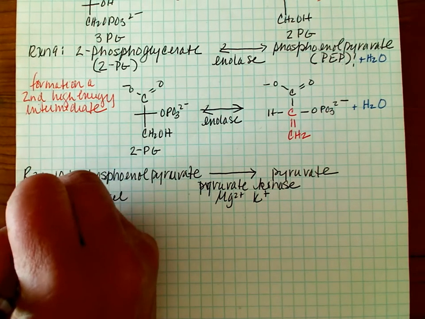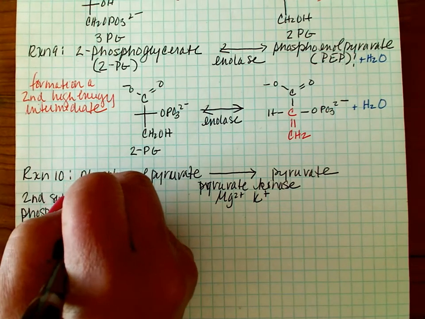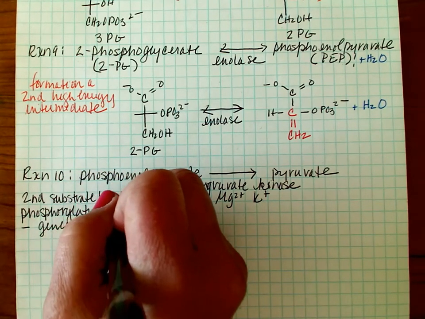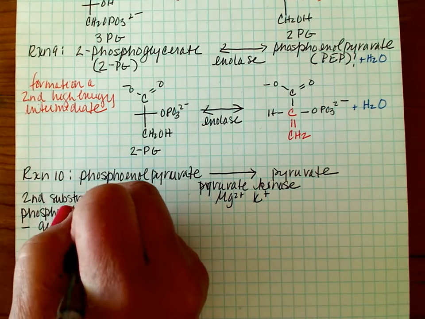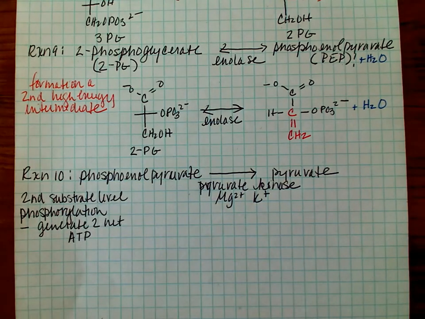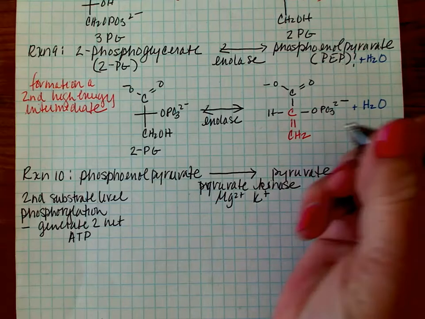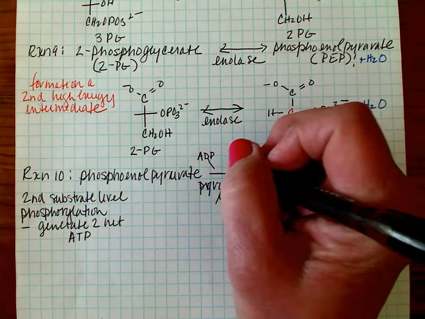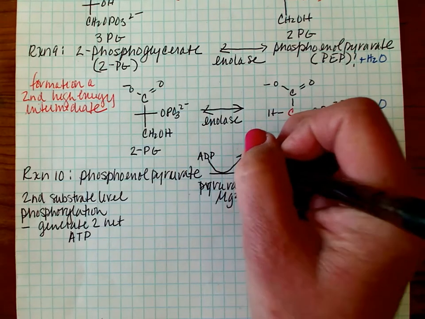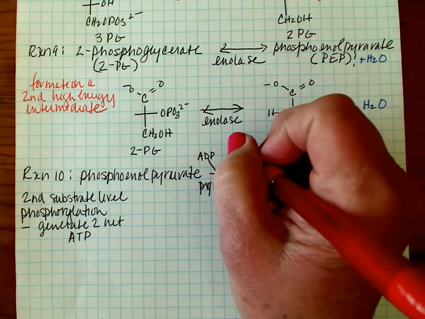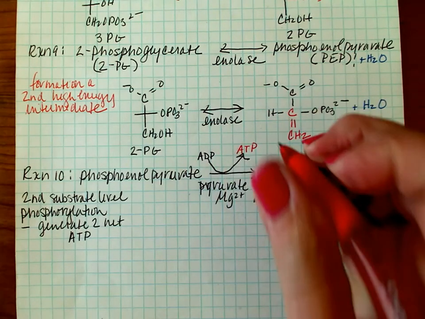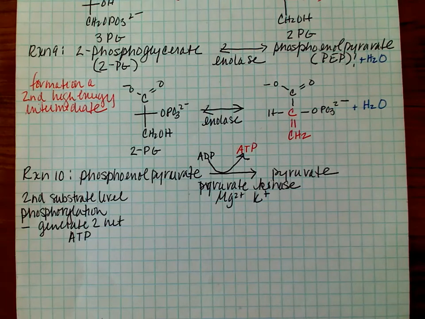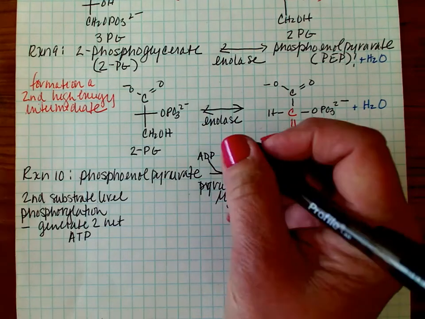And it generates 2 net ATP. So this is where we gain or net those 2 ATP overall, but that also means that we have ADP getting converted to ATP, and we also need some hydrogen ion.